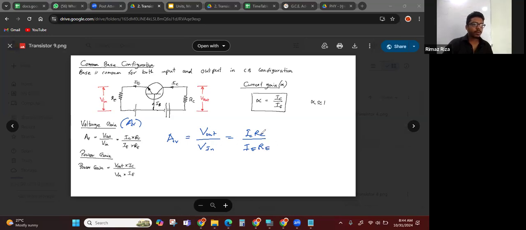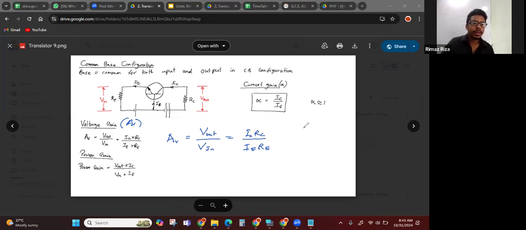So this is the voltage gain. If you want to get a good output, RC should be greater than RE, if you want to take a large value.